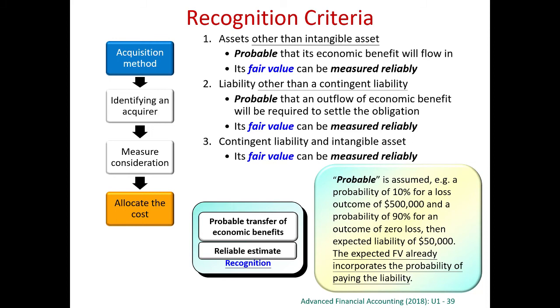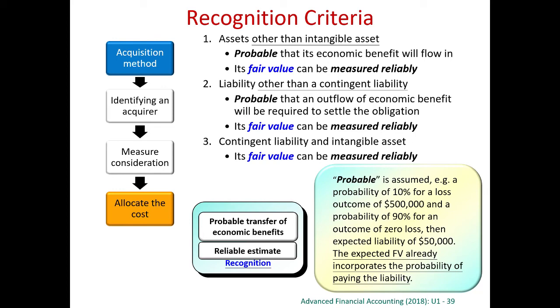But for contingent liability and for intangible assets, we waive the probability criteria because contingent liability, by definition, cannot be probable. If it is probable, it is already a liability. So we waive the probability criteria.